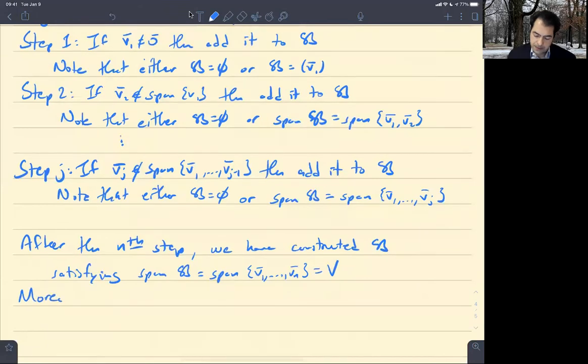Moreover, the linear independence lemma guarantees that B is linearly independent.